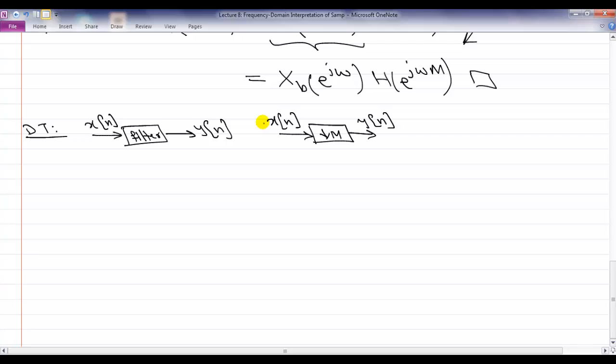The frequencies get scaled by a factor of M, and there is a scaling of the amplitude by a factor of 1 over M. We also saw the case of expansion, where the input frequency simply gets scaled by a factor of 1 over M. So for any system which has these three components in any order, you can start from the input and keep on traversing, and say what will be my output frequencies.